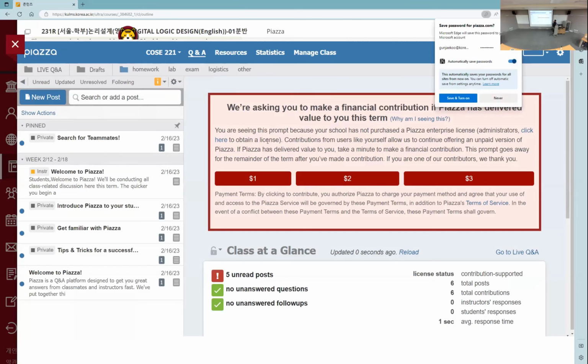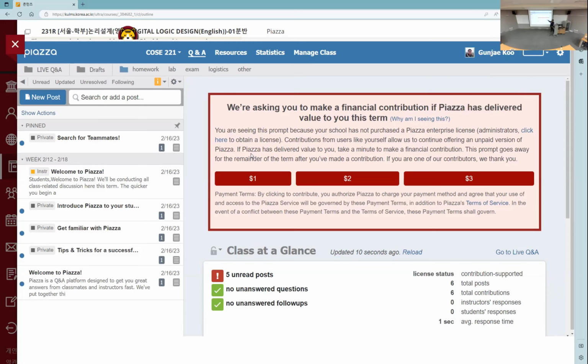This is the first page of Piazza. The first page is the Q&A section, so you can post any questions on Piazza under this Q&A page.